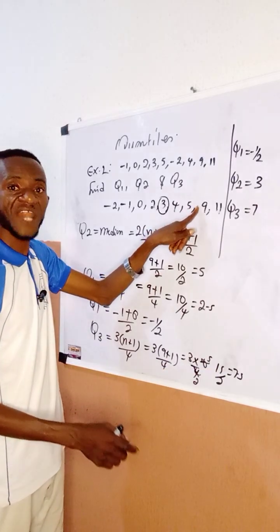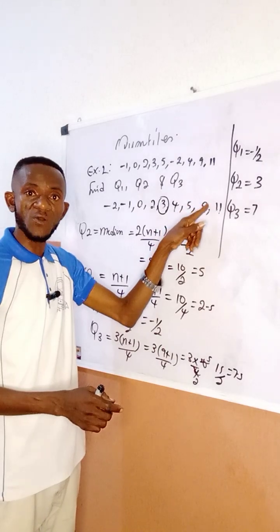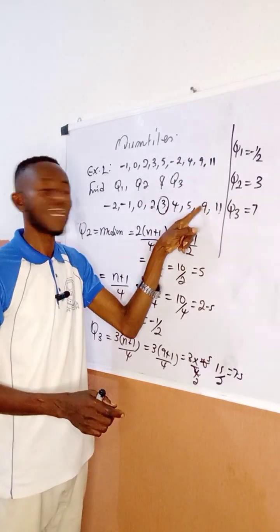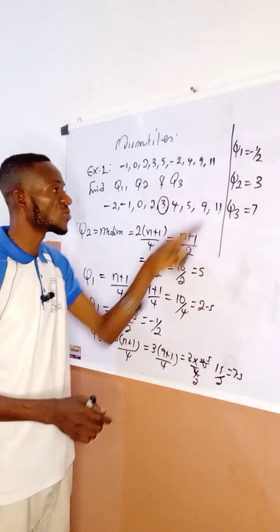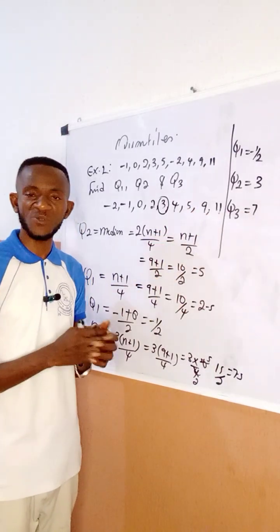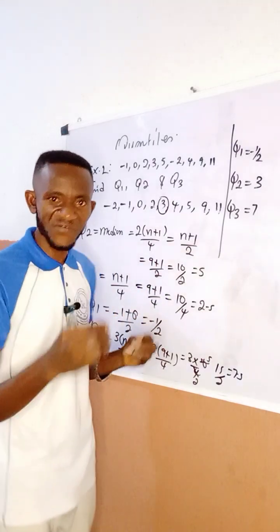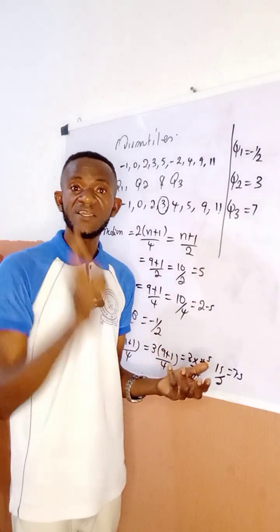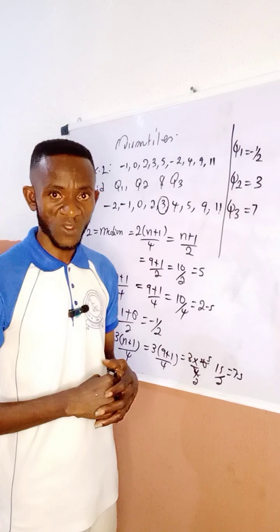So 7.5 lies at the center. So I'm going to pick the value below and the value above, which is now 9 plus 5. And 5 plus 9 is 14, all over 2, which was why we had this to be 7. So this is how to go about measures of quartiles, the first quartile, the second quartile, and then the third quartile.